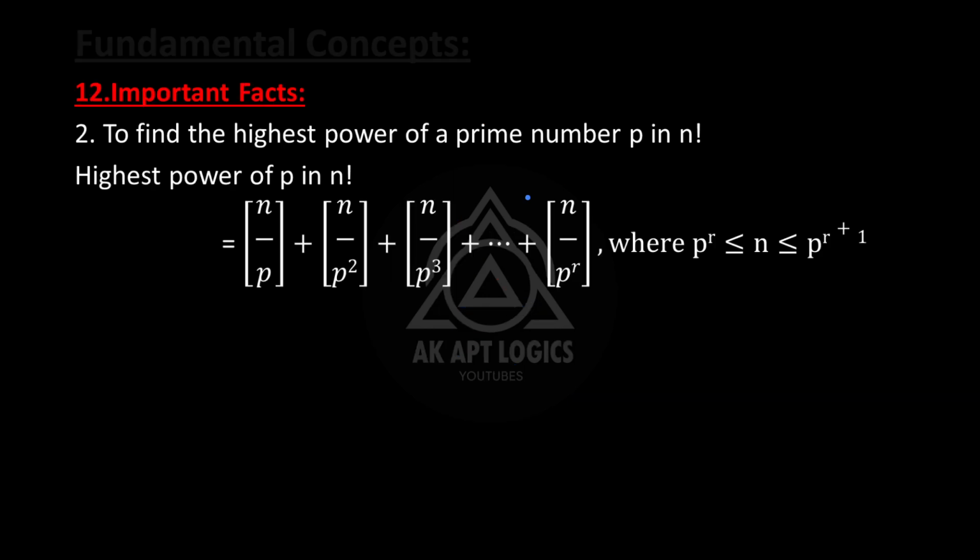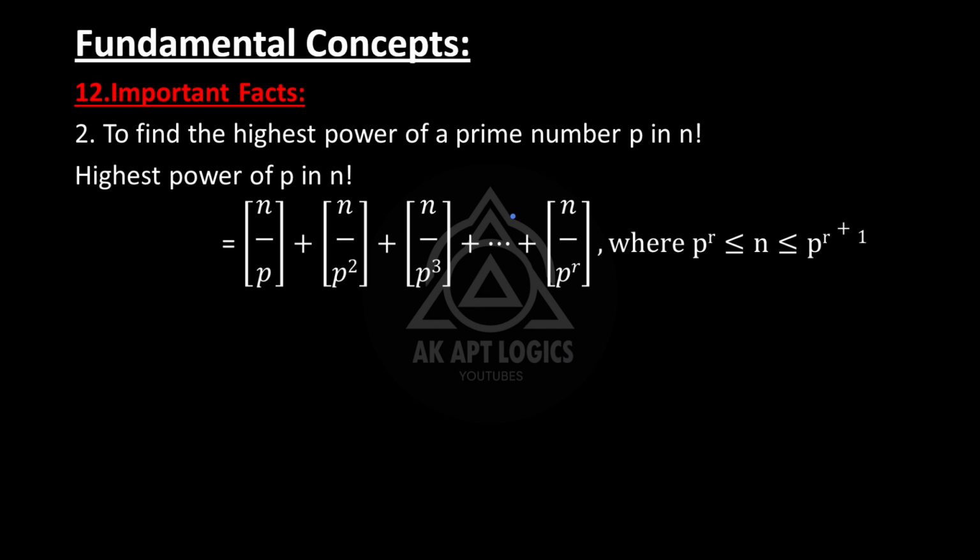Okay, let us see some other point. To find the highest power of a prime number p in 50 factorial, where p power r is less than or equal to n less than p power r plus 1.